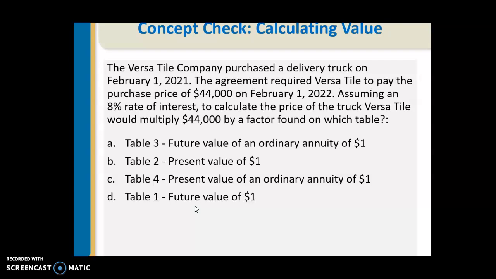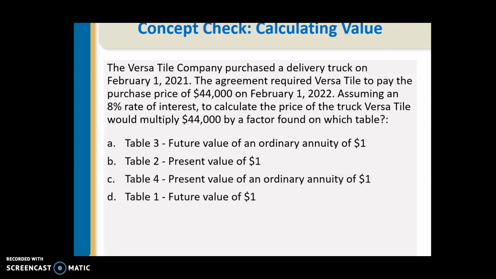Here's another problem for you to work. Please pause this video to answer the following question. The Versatile Company purchased a delivery truck on February 1st, 2021. The agreement required Versatile to pay the purchase price of $44,000 on February 1st, 2022, a year later.